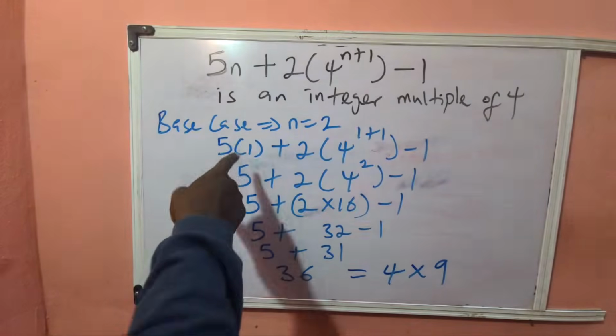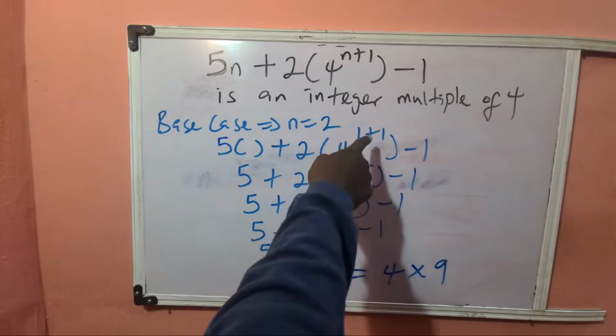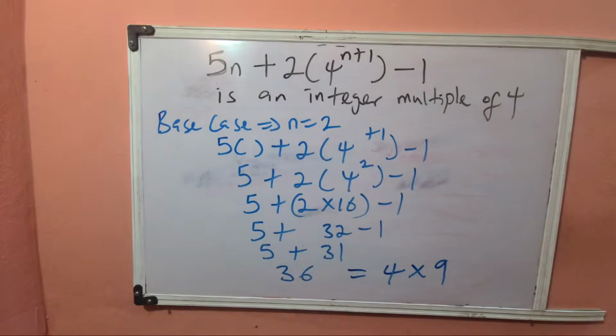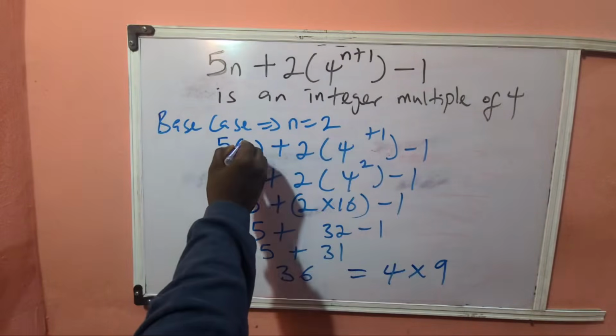When n equals 2, our n will no longer be 1, so we'll be having 2 in this spot.